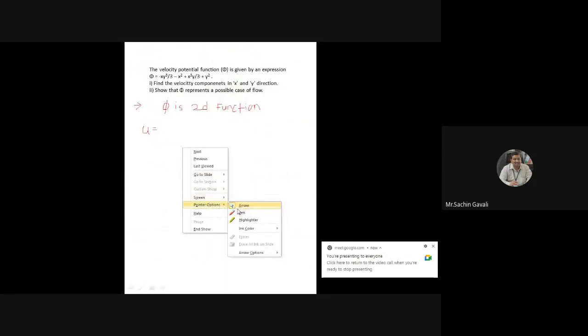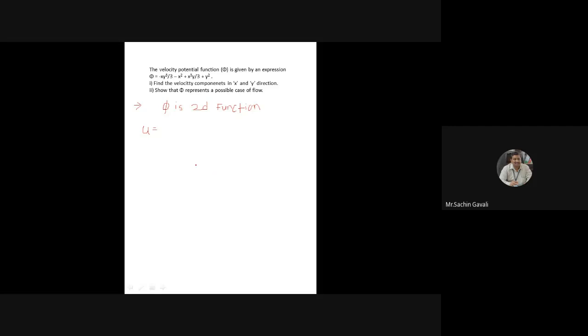Now, in terms of phi and U relation, anybody of you, by definition of potential function, how can we write U is equal to? Minus dou phi by dou x. Correct. It is minus dou phi by dou x. Very simple.